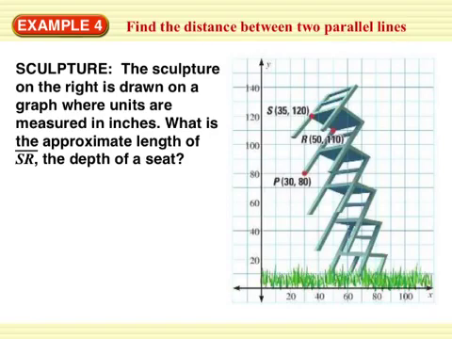All right, so the sculpture shown on the right is drawn on a graph where units are measured in inches. What is the approximate length of SR? SR is right here. What is the approximate length of SR, the depth of a seat?